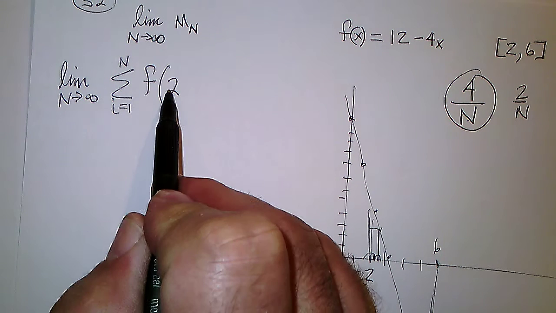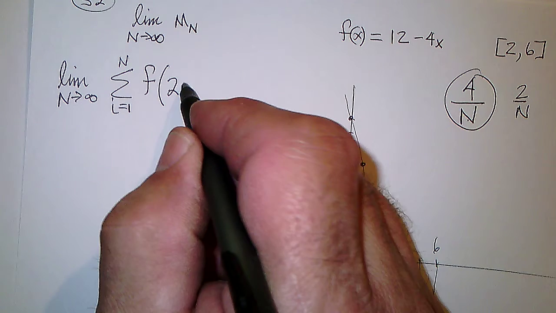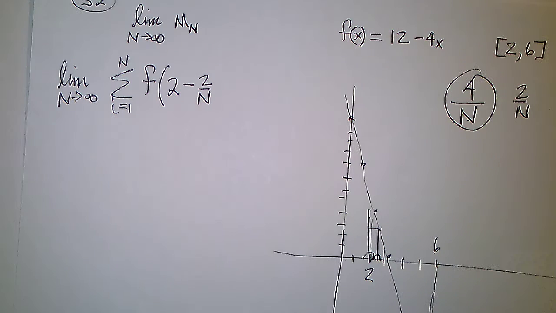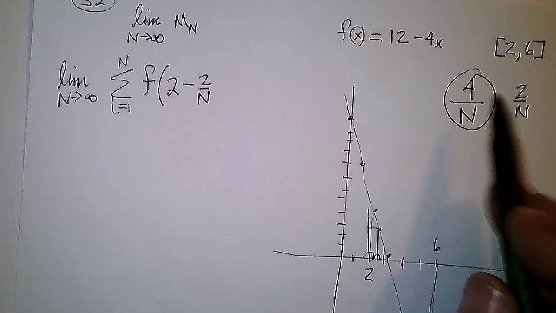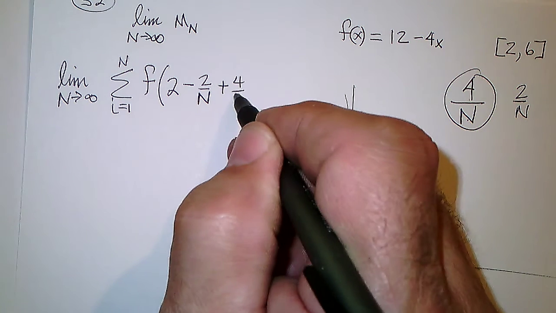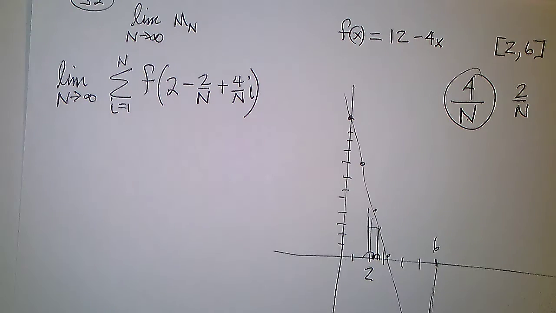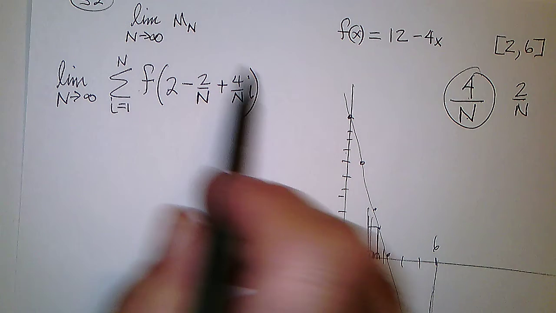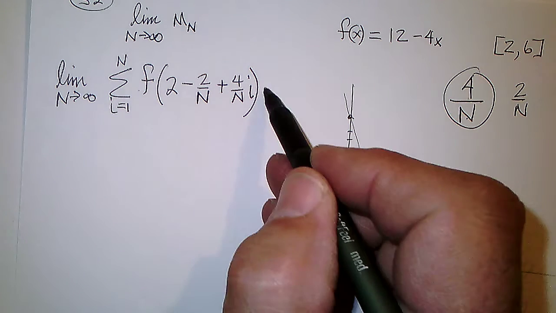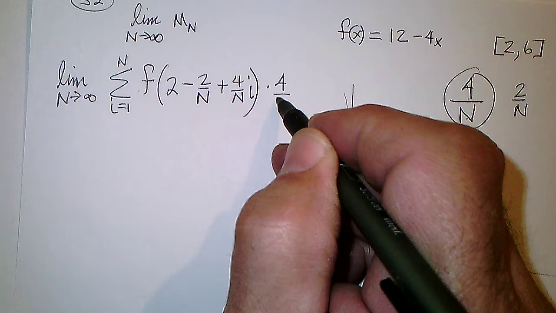So I'm going to start at 2, jump back a half a width, which is 2 over n, and then I'm going to start jumping full widths, plus 4 over n I. And then I've got, that's the height at the midpoints, and I got to take it times the width of each of these, which is 4 over n.